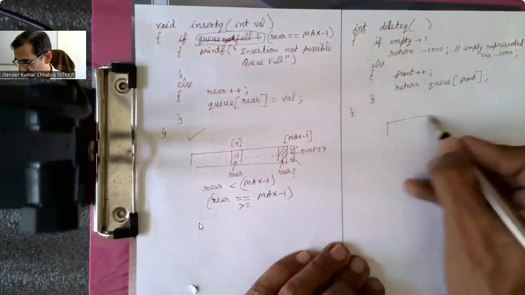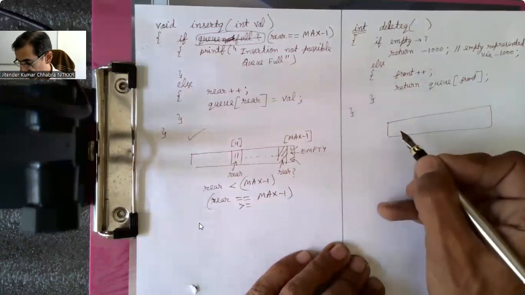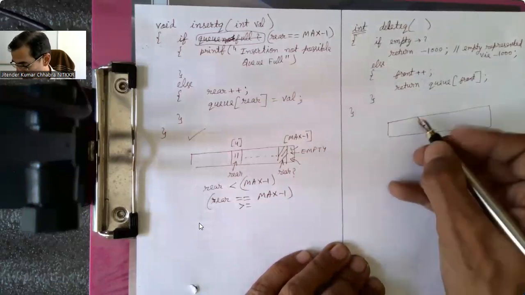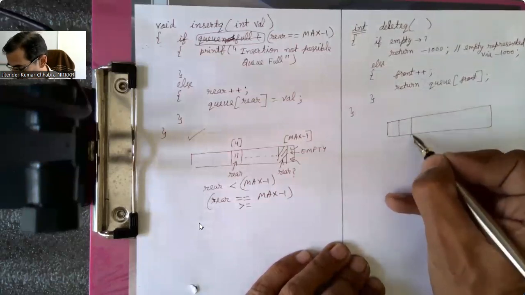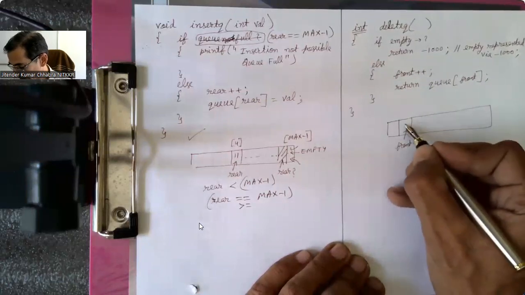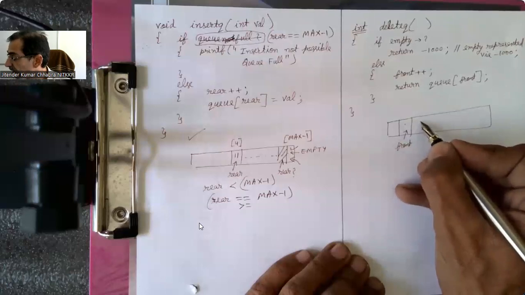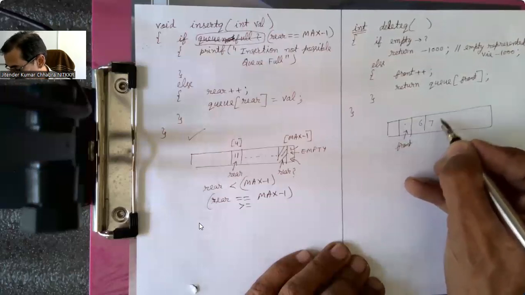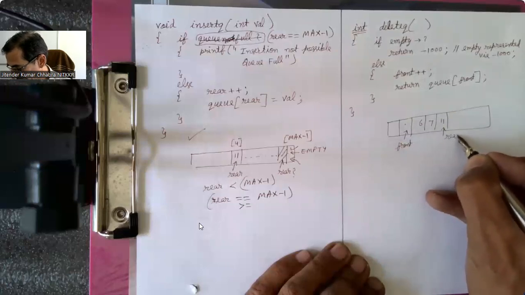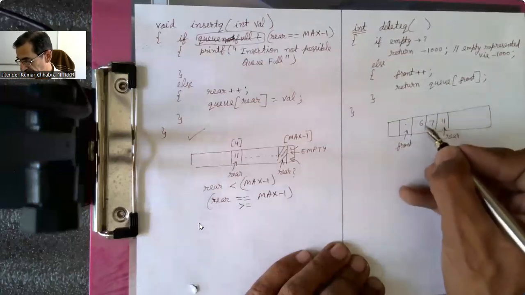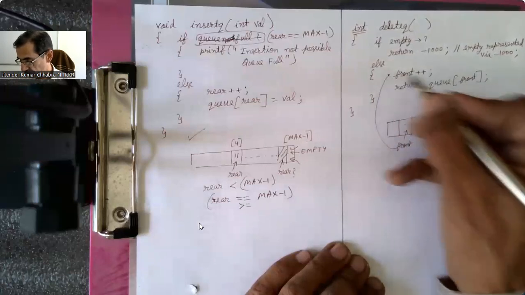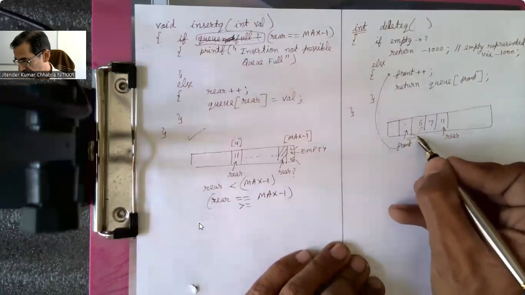For example, in the previous example, we have said that my front is pointing to this position, effectively meaning that this has been already deleted. The next to that was 6, then we had 7, then we had 11. Here is your rear end. So the next element to be deleted is obviously 6. So first of all, according to this front, this will shift to next.